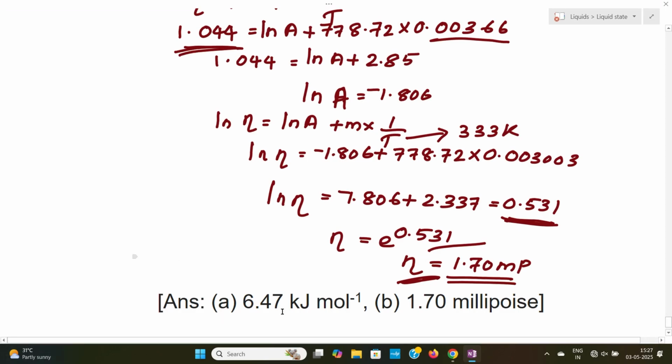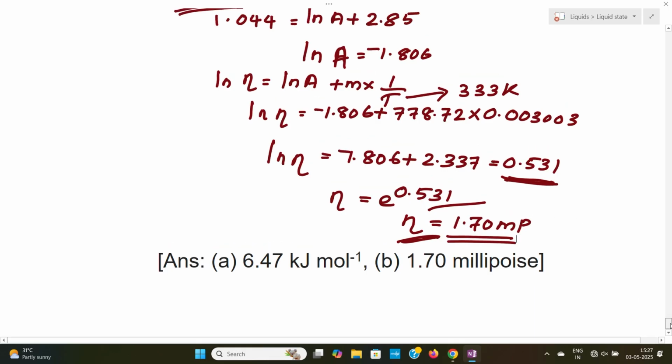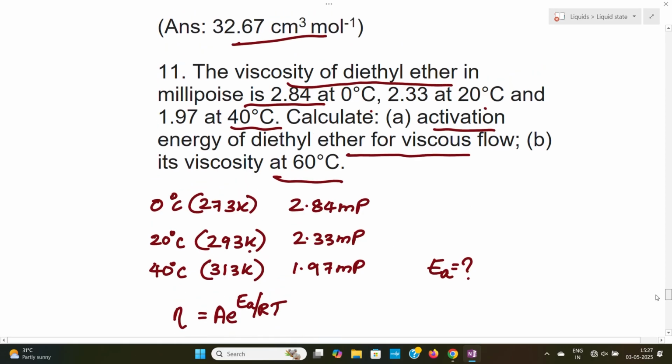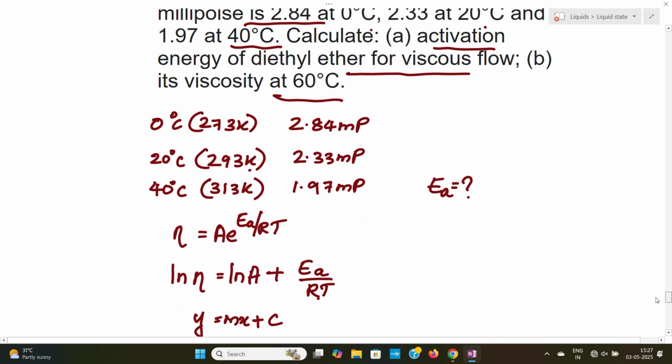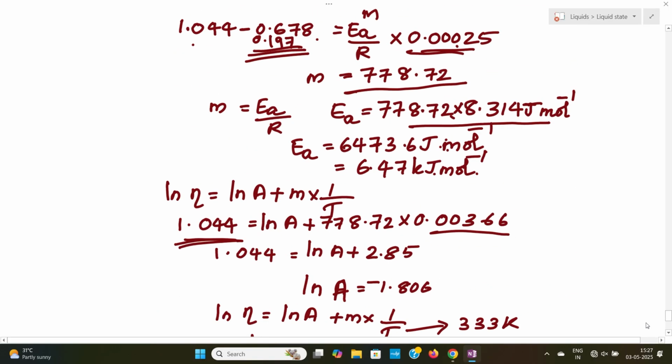Therefore, the viscosity at 60 degrees Celsius is 1.70 millipoise, and the activation energy required for the viscous flow for diethyl ether is 6.47 kilojoule per mole. I hope you understood this problem.